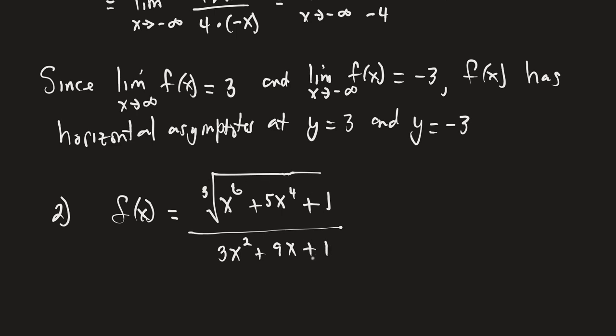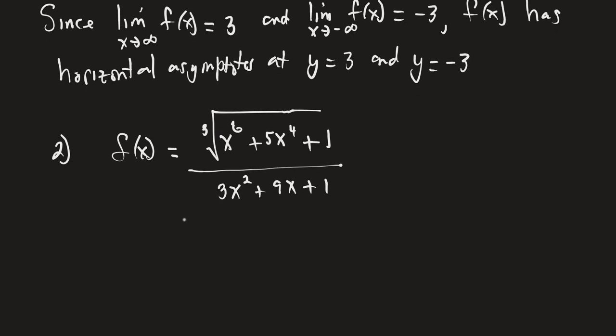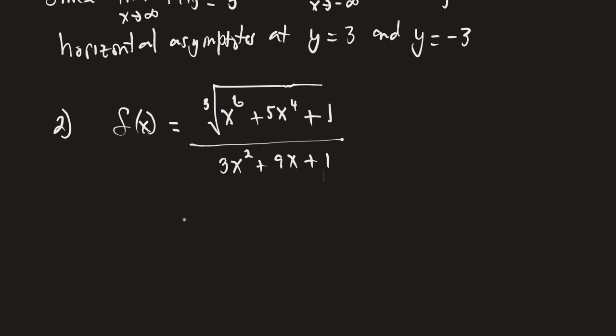Right? So let's say this is our function now, and it has a cube root as opposed to a square root. And let's compute both limits again, and let's see what's going to happen.